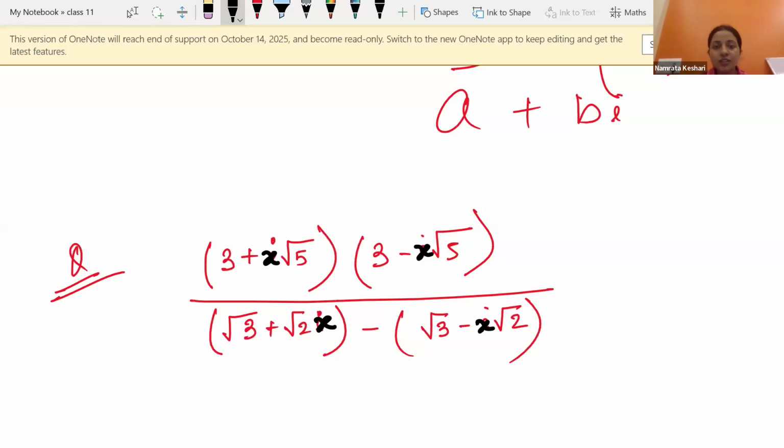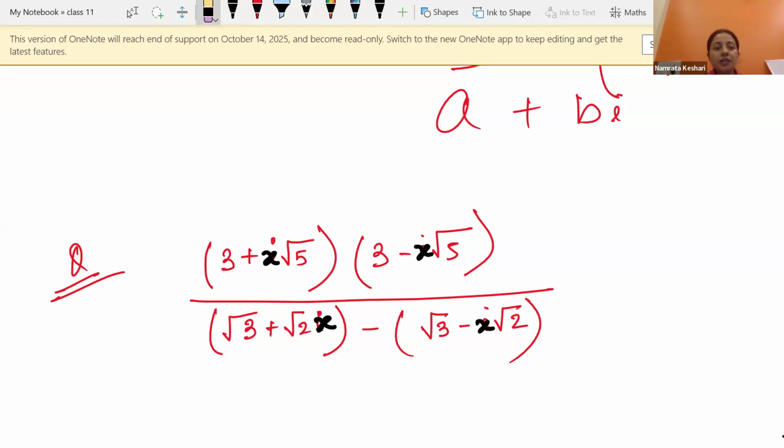So if you are having this type of algebraic expression and the question says to simplify it and write it in the standard form, a plus bi, or maybe a plus bx, where a and b are numbers, then you will try simplifying it.